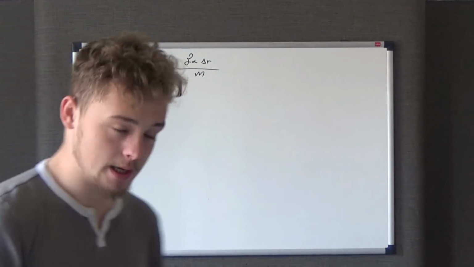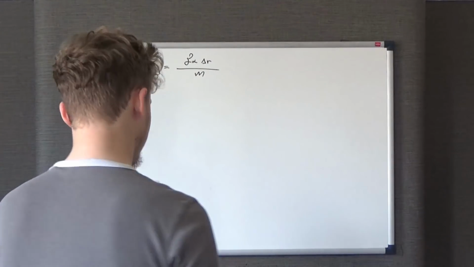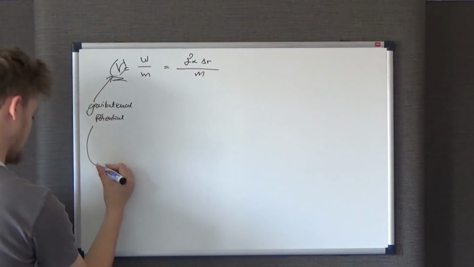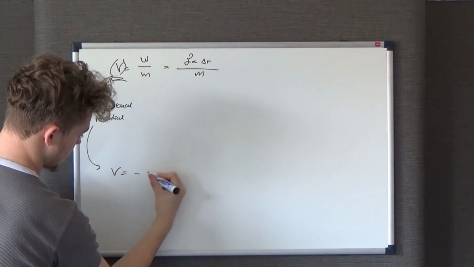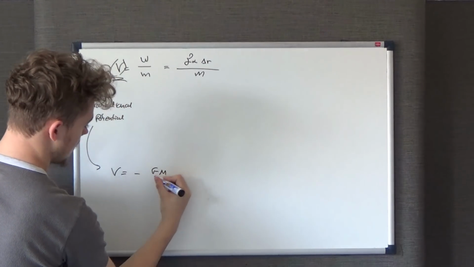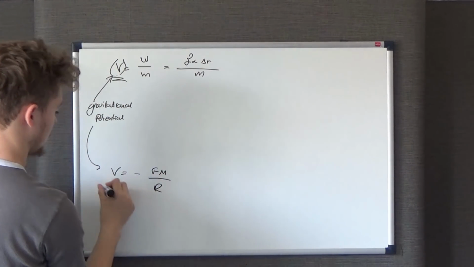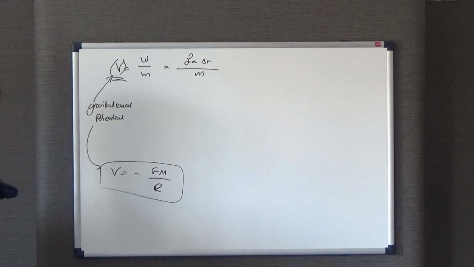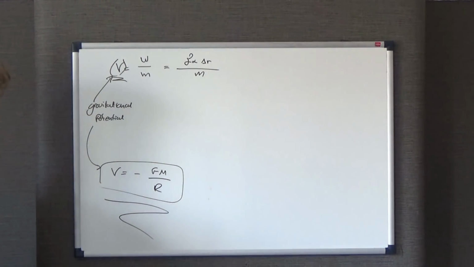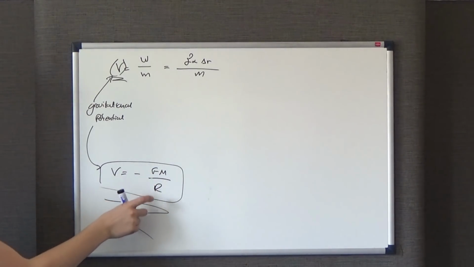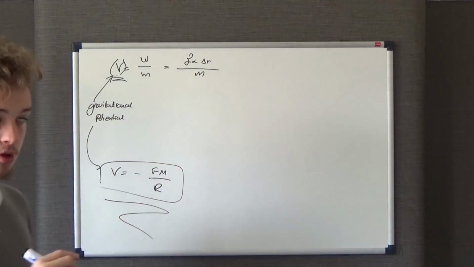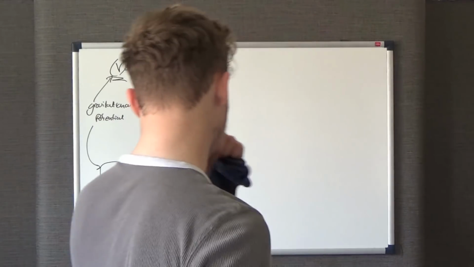Now, in the formula sheet, they give another formula for gravitational potential: V is equal to minus GM over R. So that is another formula that you can use. And obviously, you just need to be aware that this is the mass, gravitational constant, separation, gravitational potential. Now, how did they get to that?